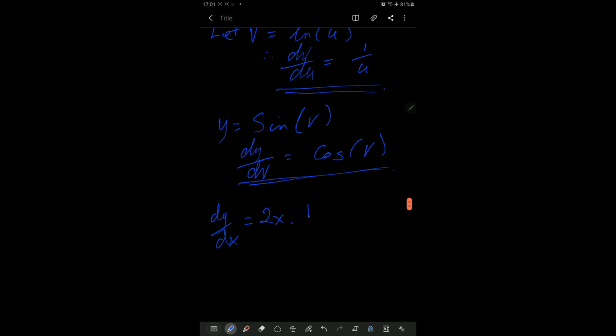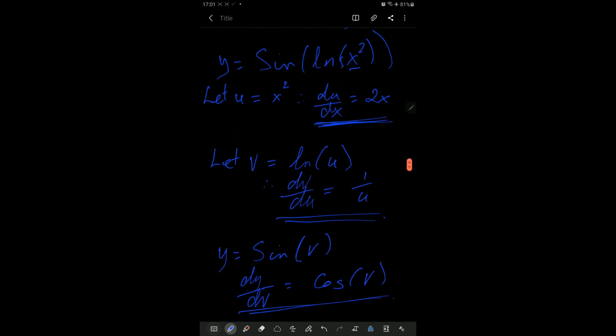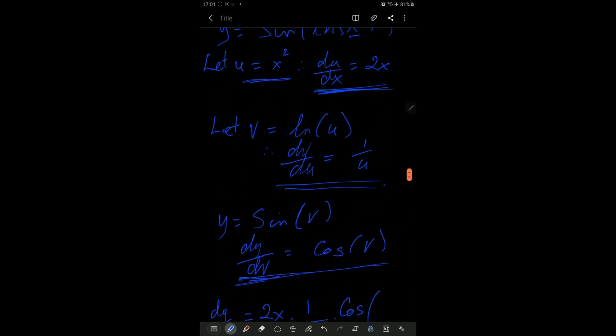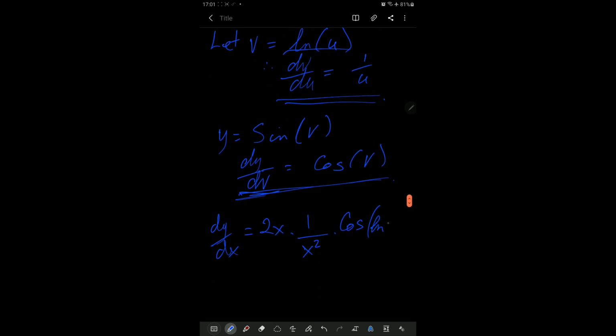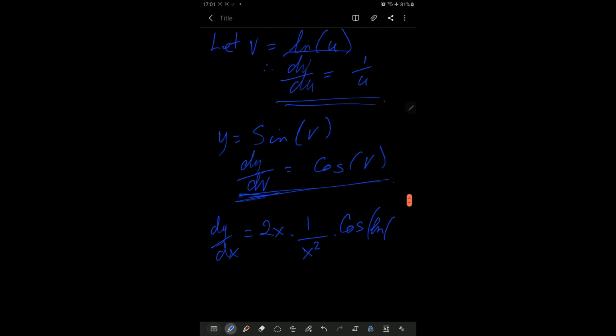So that's 1 on, and we know u is x squared, so we have x squared times dy dv, which is cos of v, and of course we know v is ln u, so that's ln, and u of course was x squared.